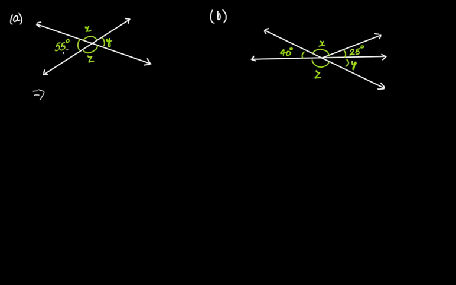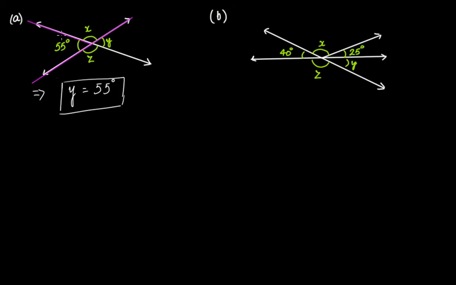We know that 55 degree and this y are vertically opposite angles, therefore y will be equal to 55 degree, right? That's very clear because they are vertically opposite angles. Now, focus on this one, let me draw here. On this line and on this line, focus here. You can see that this angle x and this angle 55 degree are in linear pair, right?